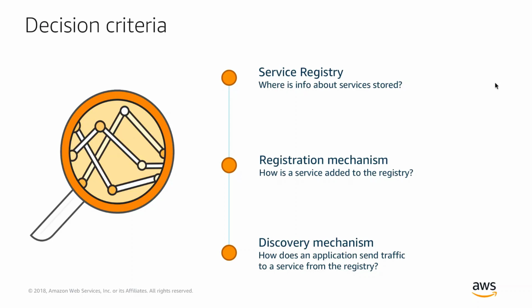Second of all, the registry mechanism. So how do I actually get services into the registry? And once again, the major question here is, how complicated is solving that problem? Is it something that I have to do a lot of setup myself, or is it automatic and magical? And then the discovery mechanism. So if I do want to talk to one of the services that has been registered into my service registry, how do I do so? How complicated is that?